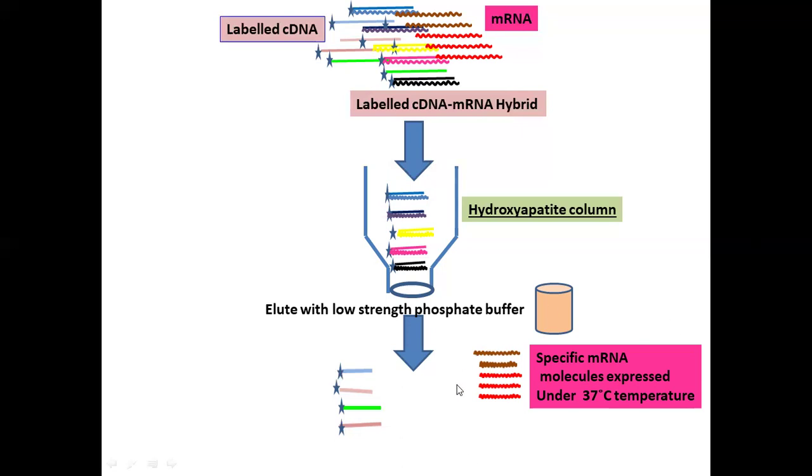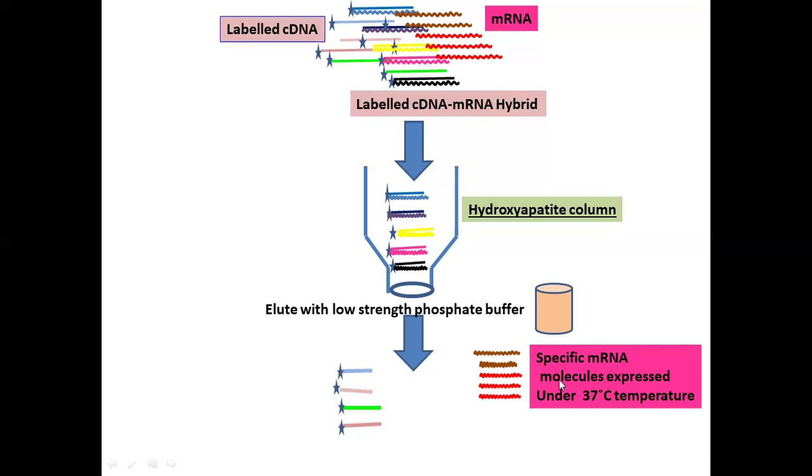Hence these mRNA molecules are not bound with these cDNA molecules. So by using this technique, we can remove the common genes which are expressed at 28 degrees centigrade and 37 degrees, and we can elute the genes which are expressed specifically in the tested condition, right?